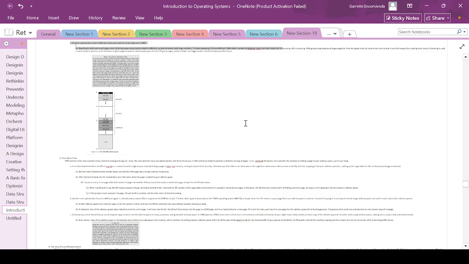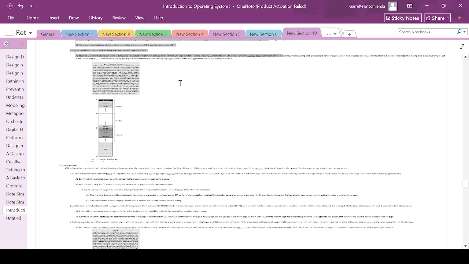Specifically, with such small pages, disk I/O during swapping could be highly inefficient, as disks do better with large transfers.